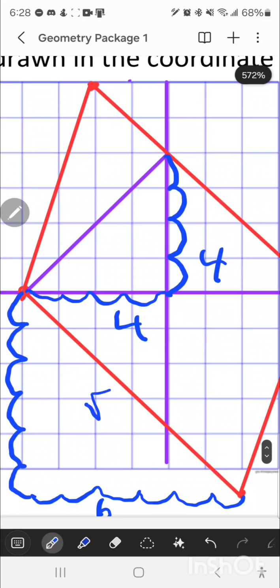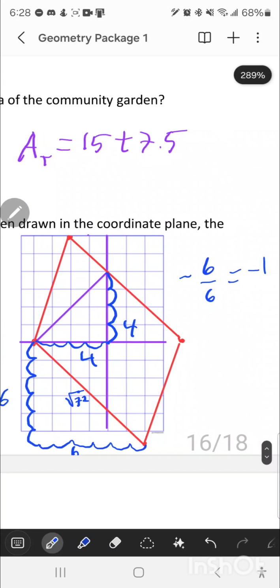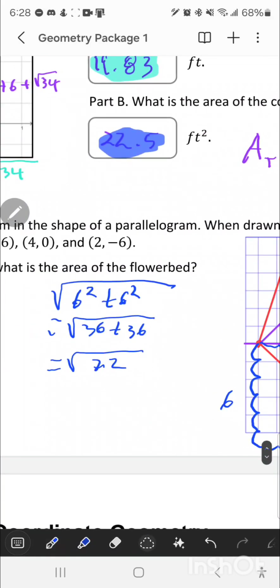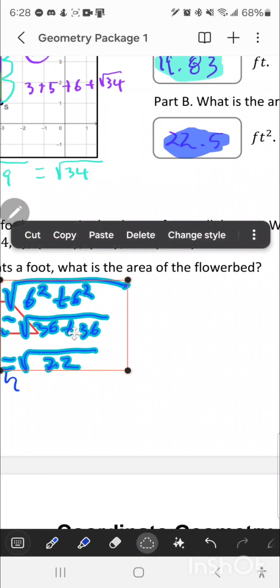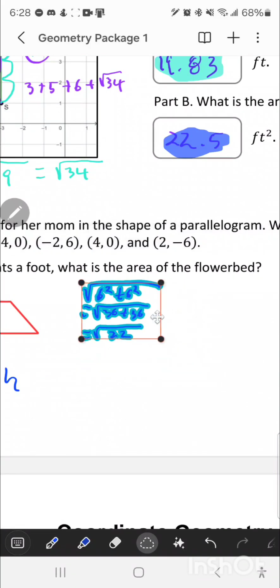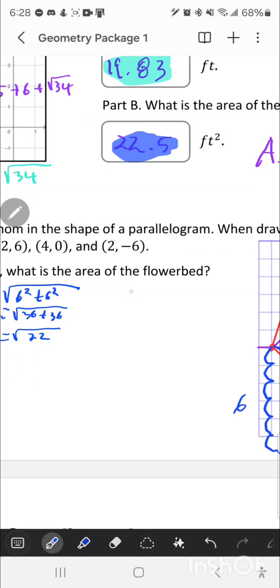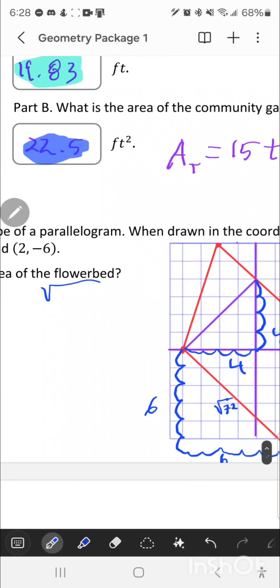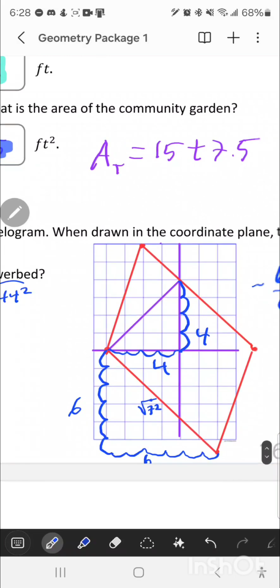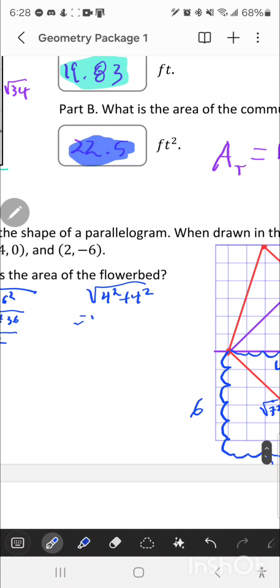That's this line, square root of 72. Now I need the other one. I do the same, have my square root, and move this around and make it smaller. Okay, better. Now I have the square root of 4 squared plus 4 squared. 4 squared is 16, so the square root of 16 plus 16. 16 plus 16 is 32, so we get the square root of 32.